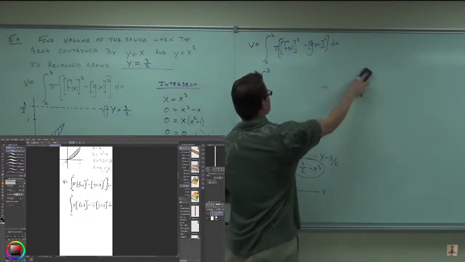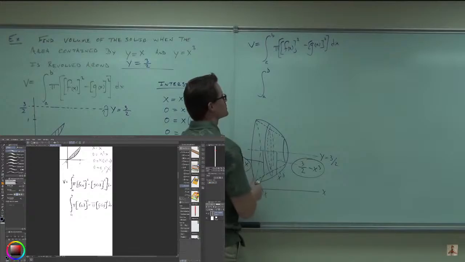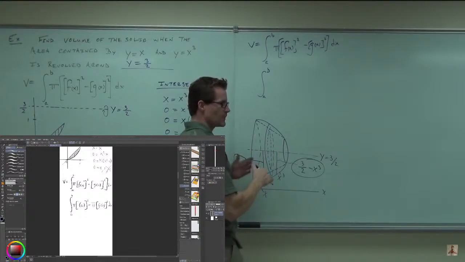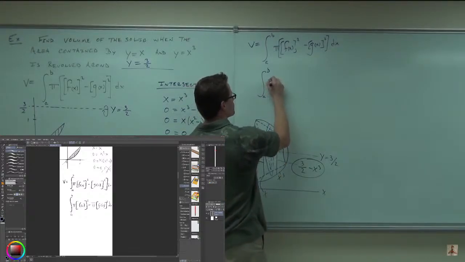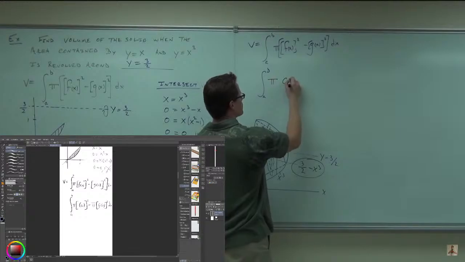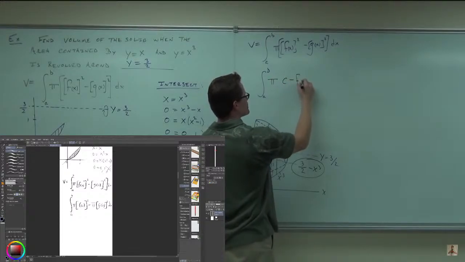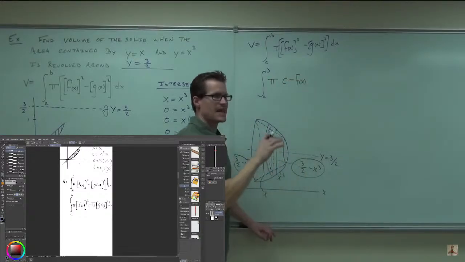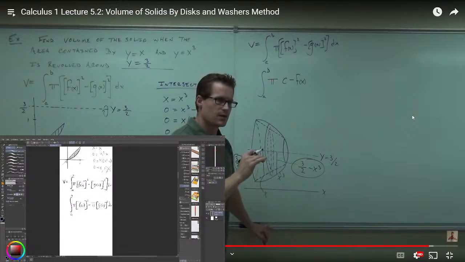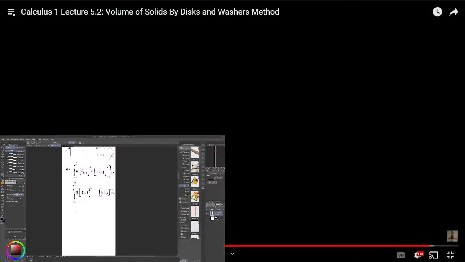It says, well, really what we have is the y equals a constant minus the, in this case, the outside function, not the top function, the outside function. That's weird to think about. Outside function. Inside function.